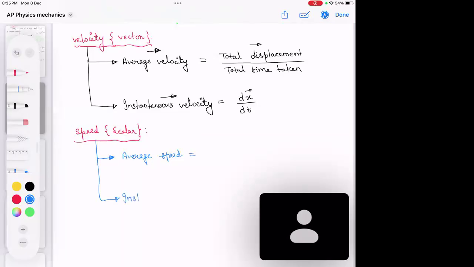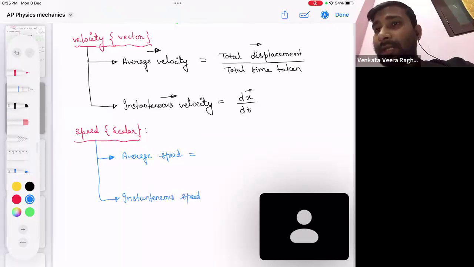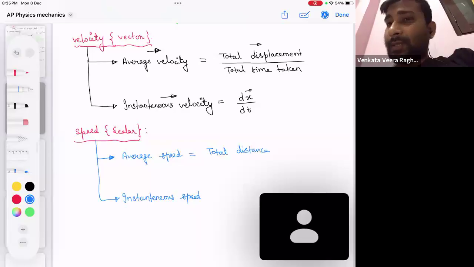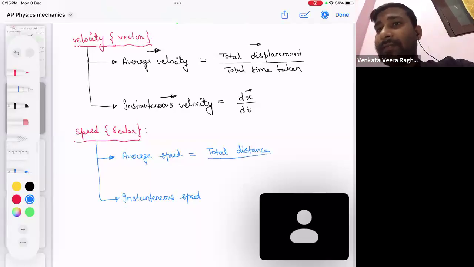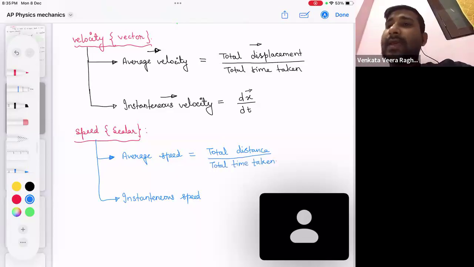Total distance traveled by the particle divided by the total time taken to cover that distance.